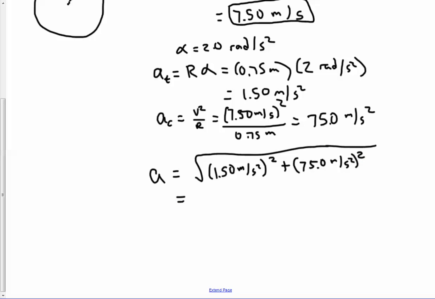And that comes out to be, to three significant figures, still 75.0 meters per second squared. Mathematically it's a little bit more because of that 1.50 squared, but that's not going to add much when you do Pythagorean theorem. It just happened here that the centripetal acceleration was a lot bigger than the tangential acceleration, so almost all of the acceleration is centripetal, so it comes out to be the same thing. But that's how you do it.